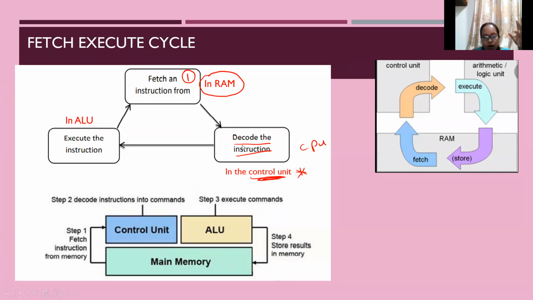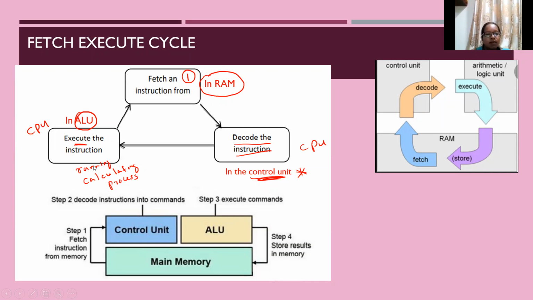Then, after decoding, the ALU part of the CPU will execute that instruction. What does executing mean? It is running the instruction, doing the calculation or processing, maybe sorting something.